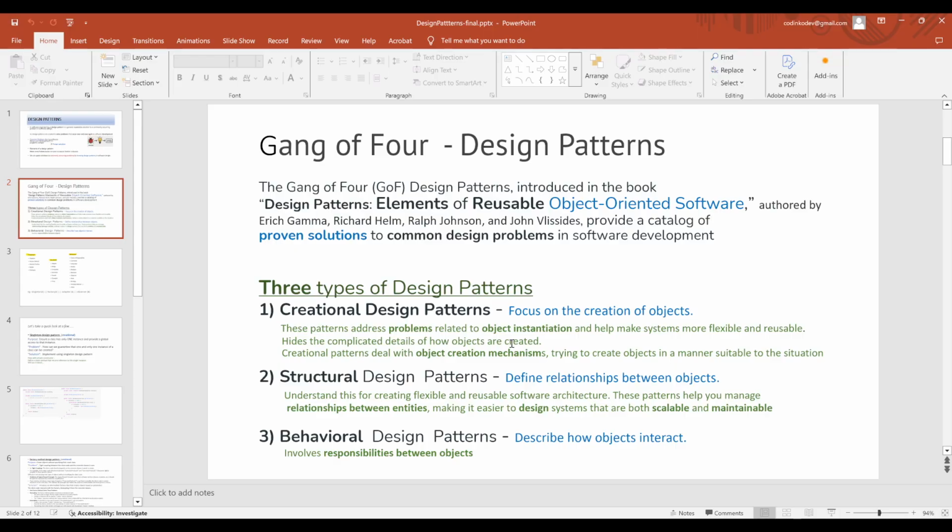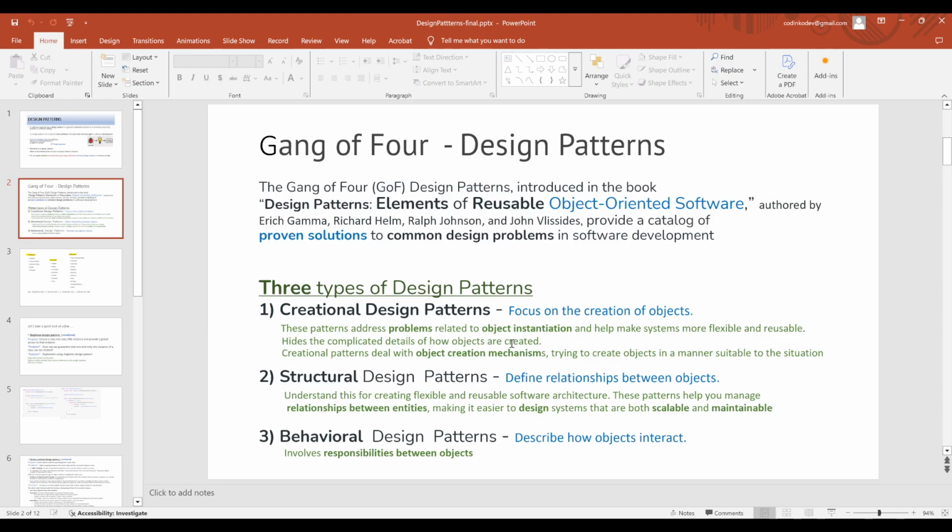Those problems are resolved using, again, proven solutions, by applying structural design patterns. So we'll come across structural design patterns whenever you want to design the relation between objects, or whenever you come across an issue related to defining the relationship between object entities.